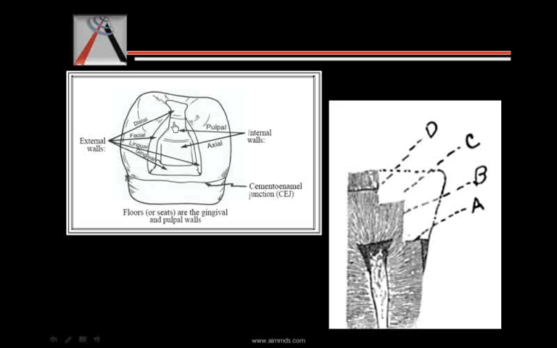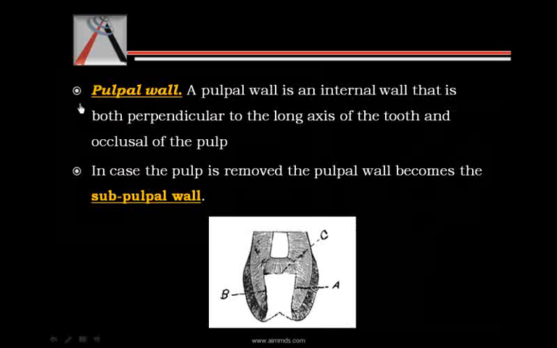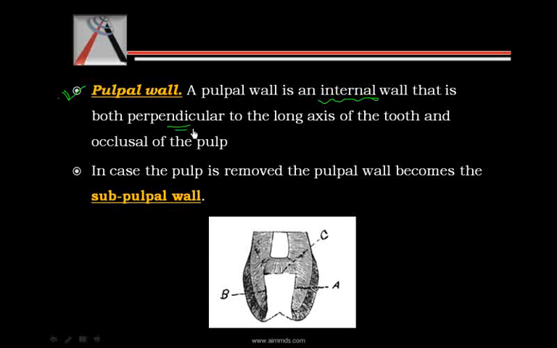So in this diagram we can notice the internal walls, that is the pulpal wall, this one is the pulpal wall and this is the axial wall, and here we can see the external walls that are touching the exterior of the tooth surface. Now as we've already seen, the pulpal wall is the internal wall that is both perpendicular to the long axis of the tooth and it is occlusal to the pulp.